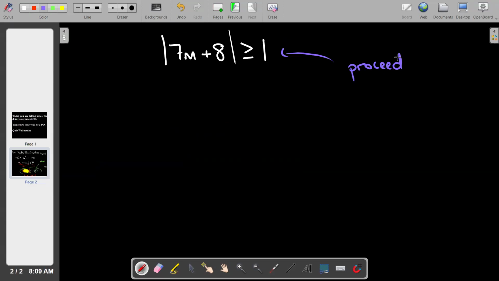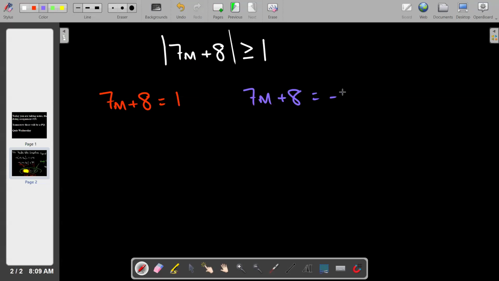This is math. What do we do? Split that sucker, right? You're going to write two equations in order to find your boundary points. One of your equations is going to say stuff inside, I need you to equal 1. The other equation is going to say stuff inside, I need you to equal -1.